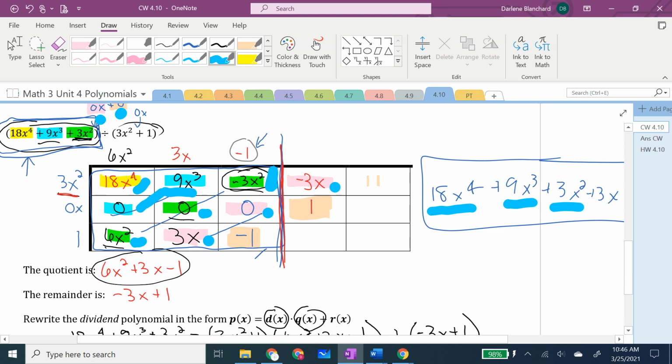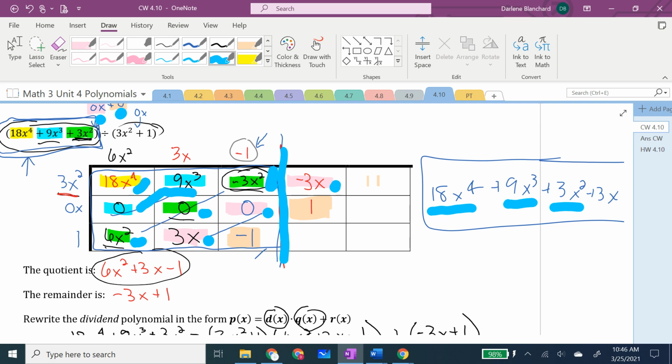for those two. So as I look along the diagonal, I see I've got 3x, but I need to have 0x. So I have to add an extra negative 3x, but I'm not getting that from the left of that line. Anything to the right of that line is part of the remainder.